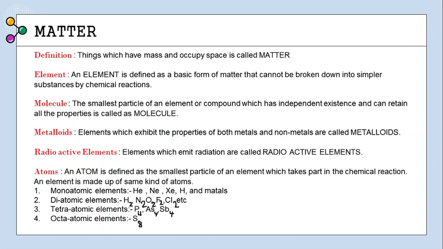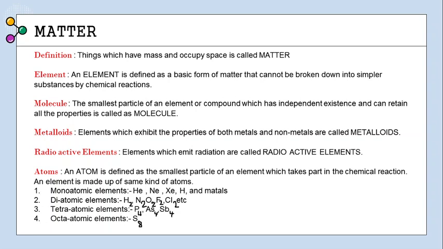Now the next one, elements. An element is defined as the basic form of matter that cannot be broken down into simple substances by chemical reactions. For example, I think you know these elements in chemistry: hydrogen, helium, lithium, beryllium, boron, carbon, nitrogen, oxygen, fluorine, neon, sodium, magnesium, aluminum, silicon, and the list goes on.